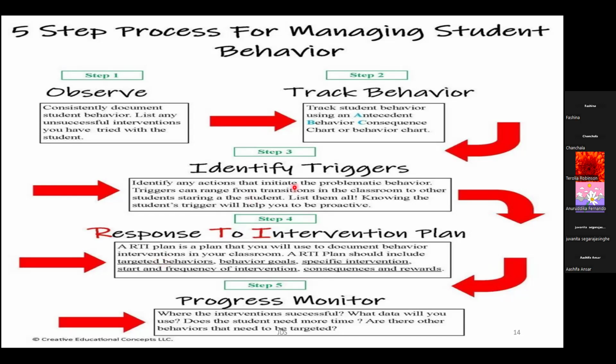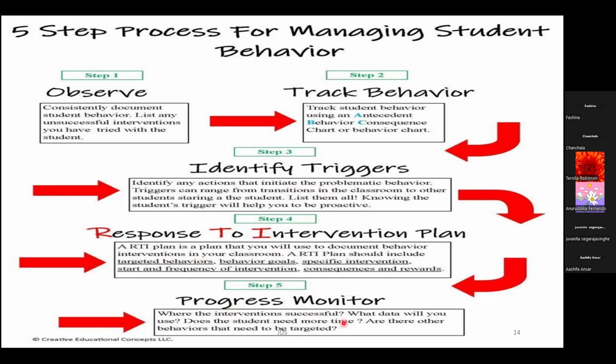And so if you identify the triggers properly, then the intervention plan will be successful. If the trigger is not properly identified, obviously the intervention plan will become unsuccessful. There will be one issue causing the problem, but we will be treating towards a different reason.